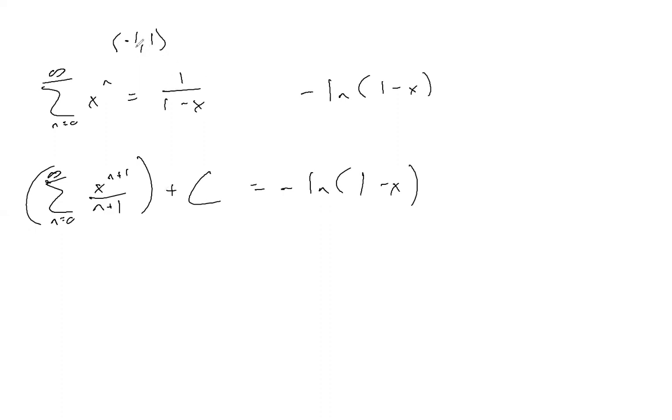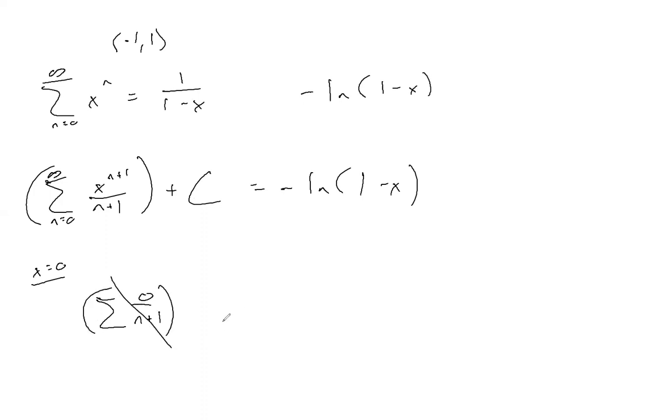What I'm going to do is pick a value in this interval. Like x equals 0 is in that interval, right? I'm going to plug it into both sides of this. That's going to give me some values on both sides, then I'm going to have a plus c, and I'm basically going to solve for c. So let's plug 0 into the left side. When I plug 0 into the left side, I just get the series 0 over n plus 1, and that's 0 for all the terms.